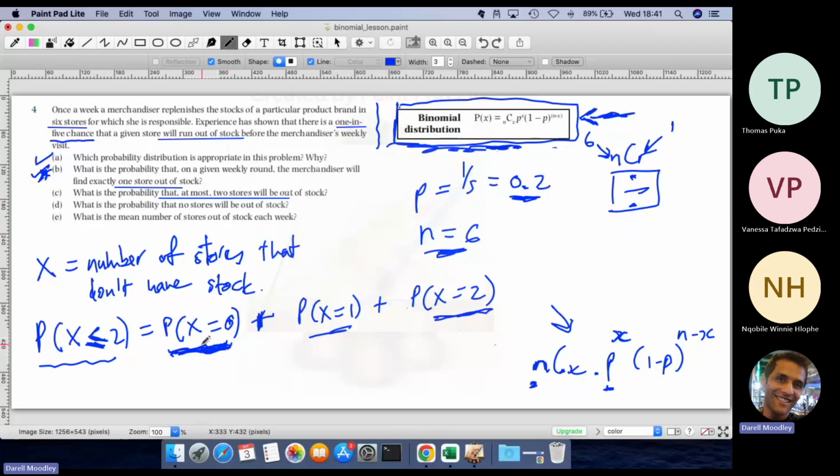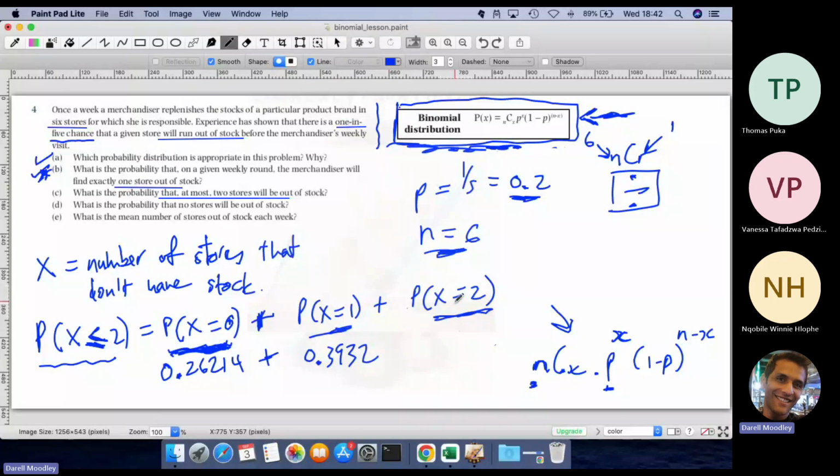Okay, now if you do that, I'll tell you now, you'll get a value of 0.26214. Then you add it to the next one, which is the probability of x equal to 1. I think we did this earlier for question B, which is 0.3932.